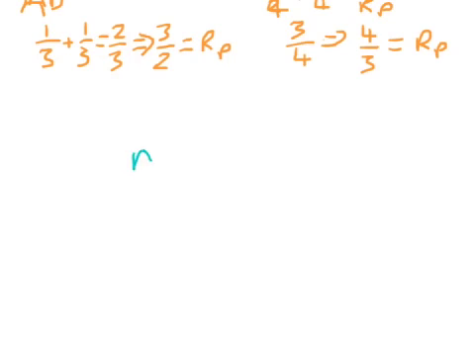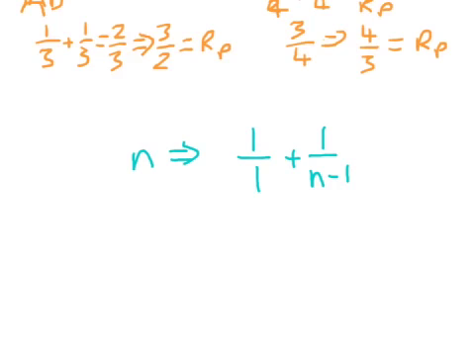So for n, the general case, you're always going to have 1 over 1 plus 1 over n minus 1.